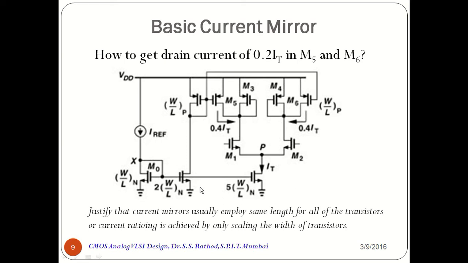So drain current of this transistor with W by L of N will be I reference, which will be equal to 0.4 times IT. And there is a transistor with 5 W by L. So obviously this IT will be 5 times I reference.